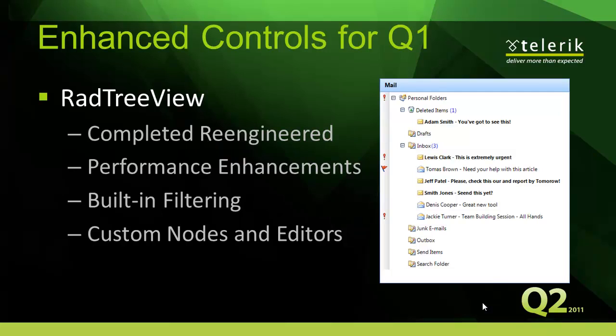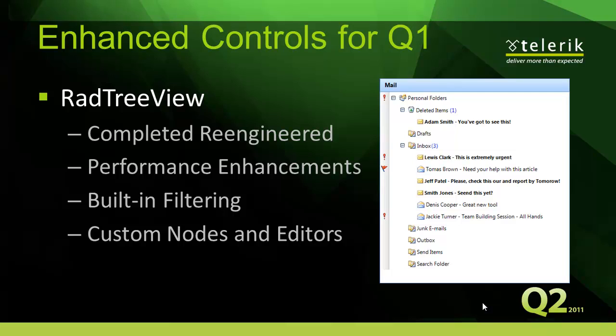So we've got some enhanced controls. As always, we try to fix up some things that we maybe didn't get completely done the way we wanted to, or had some new late-breaking ideas, and we have some new controls. The big deal about the RadTreeView is we completely rewrote it, re-engineered it completely.